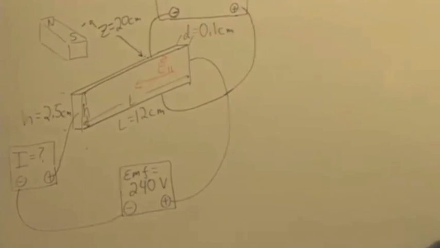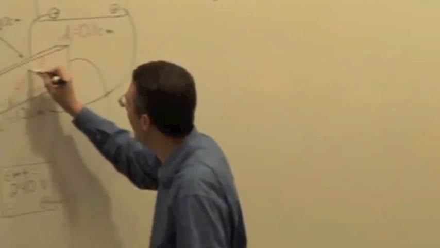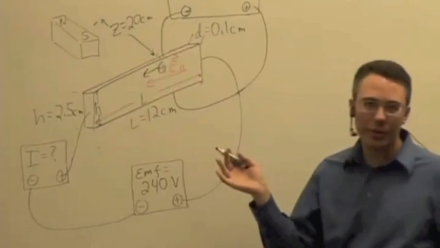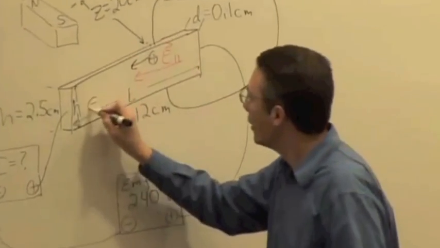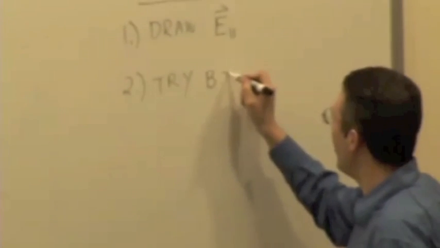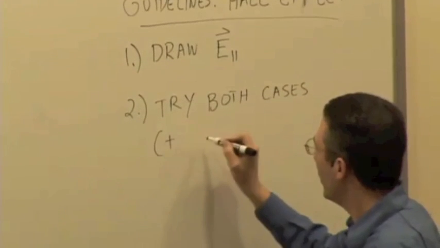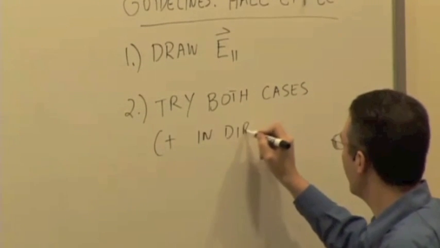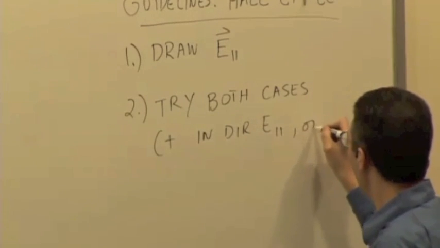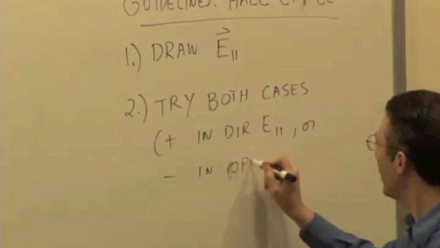Which means we could either have positive charges moving which way? That way. So we could have plus charges moving that way, or negative charges moving the opposite direction. Once you've narrowed it down to those two possibilities, you can try both cases: plus charges in the direction of E parallel, or minus charges opposite to E parallel.